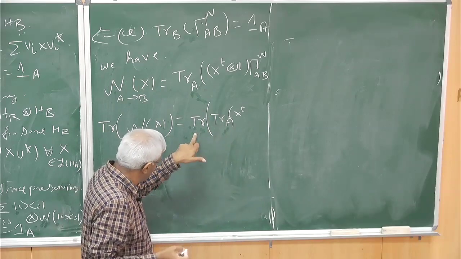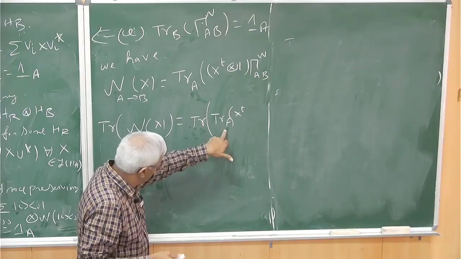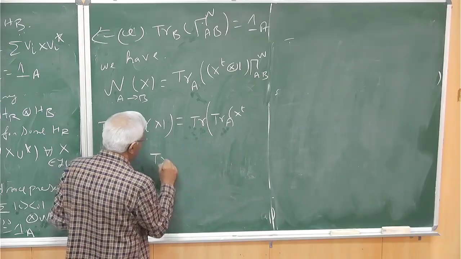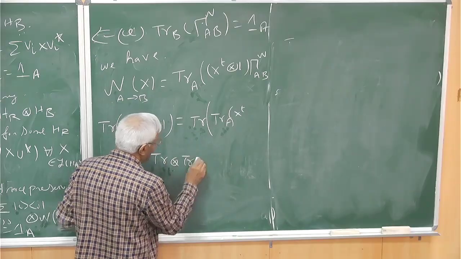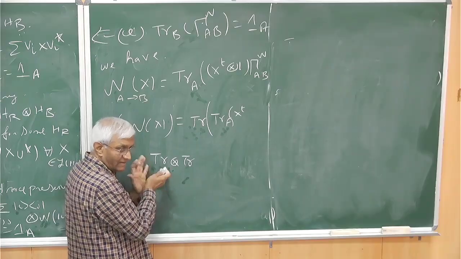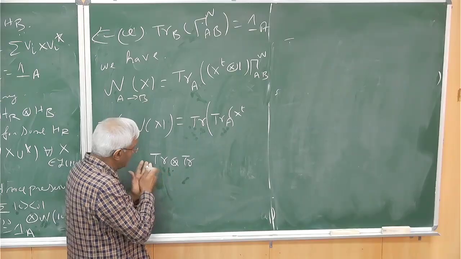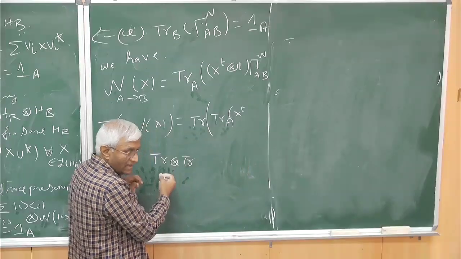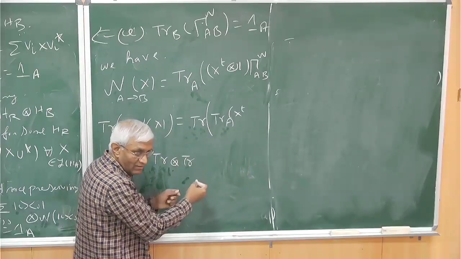I mean, this trace is something like trace tensor trace. If you have taken one of the traces, it becomes a matrix on the other component. If you take the trace on that, you will get the trace on the bigger thing. On the other hand, you can do the first one and the second one also.